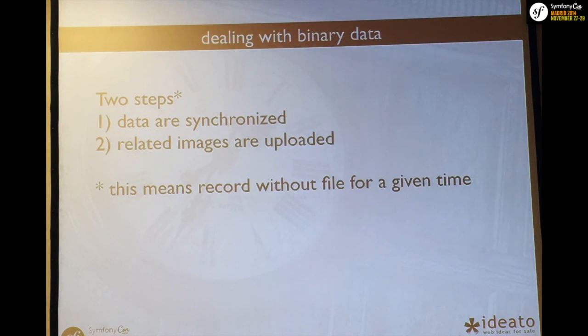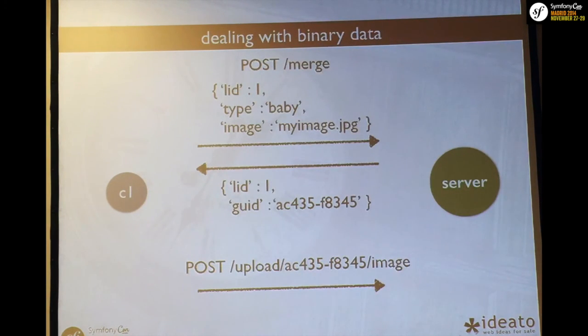Again, here is another example. Here we are trying to merge one record, which has a local identifier of 1, type baby. We have a field image, which contains the name of the image. Everything goes smoothly, so the server produces a response for the client.